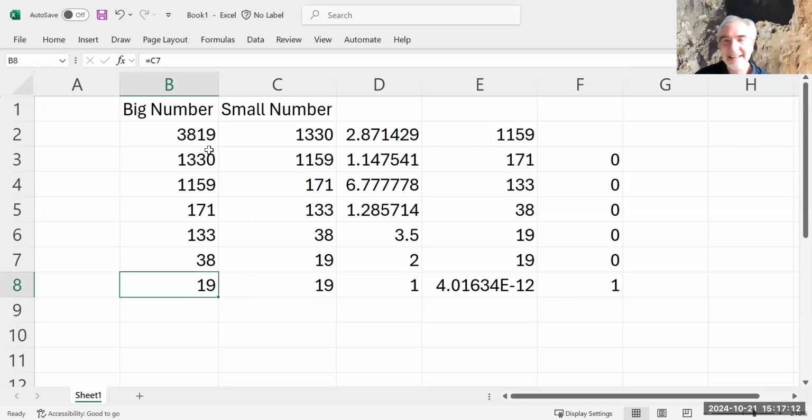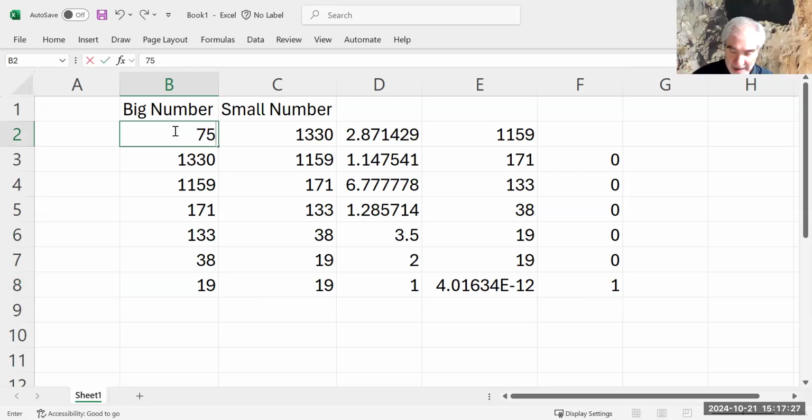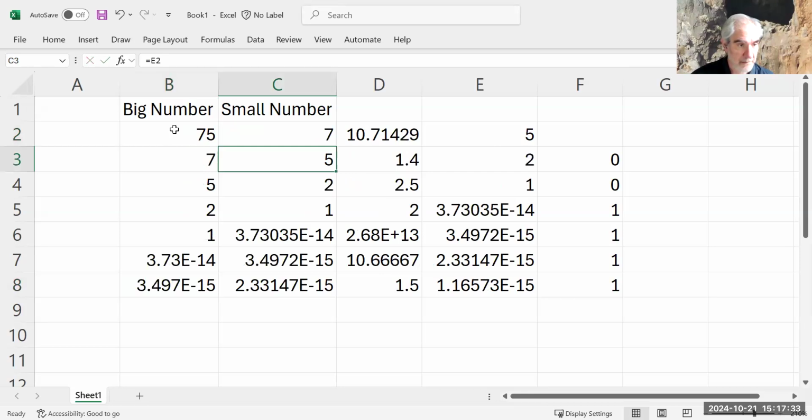Well done. So if we put something in, I think it acts a little bit goofy, but let me try it. Let's try one where we know the greatest common divisor is 1. Sure. Okay. So let's try 75, and that divides a lot of stuff. How about 7? Maybe I spoke too soon.